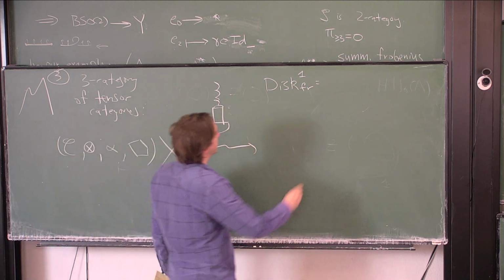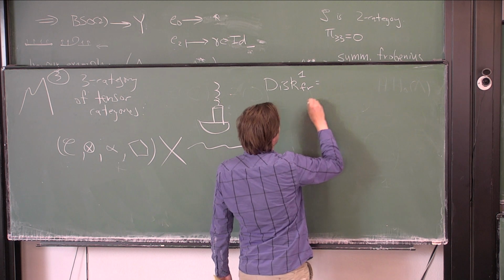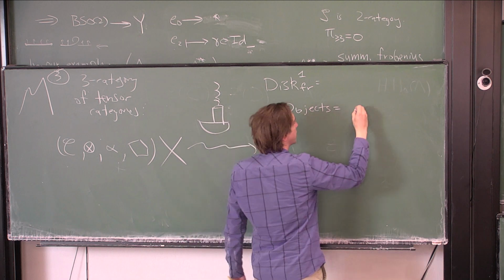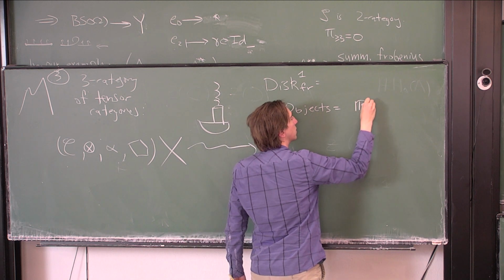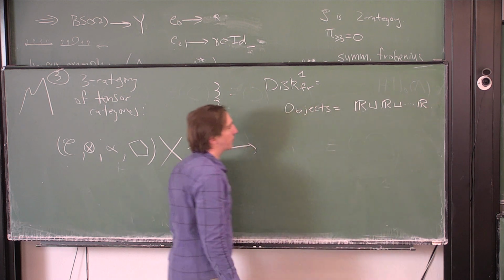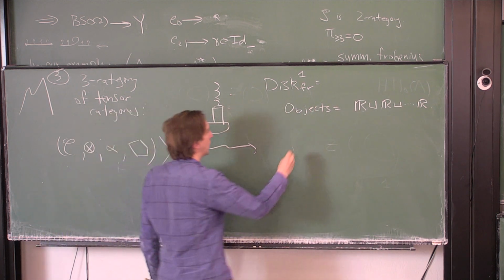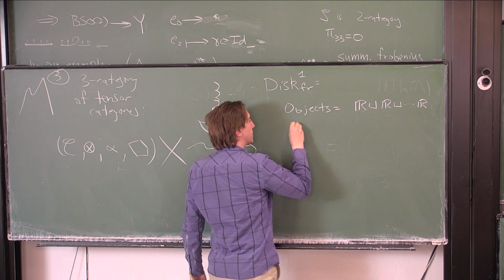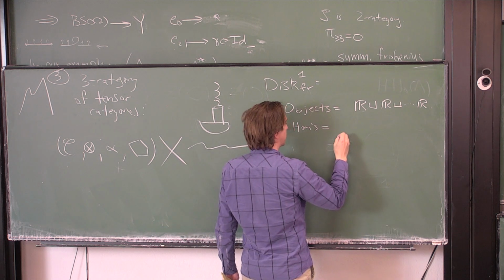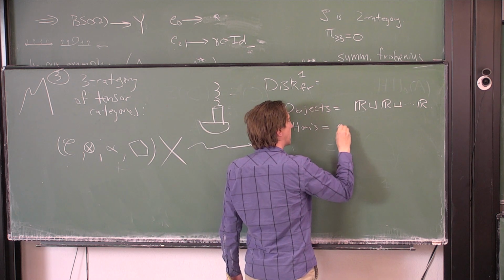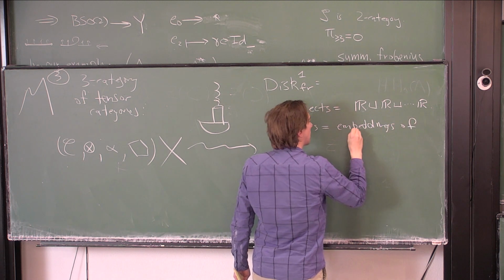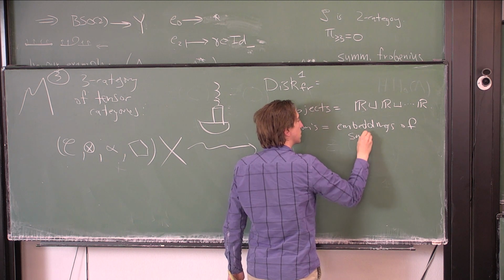So this is a category, it has objects which are just finite disjoint unions of the topological space R. And then it has Homs equal to the embeddings of such.